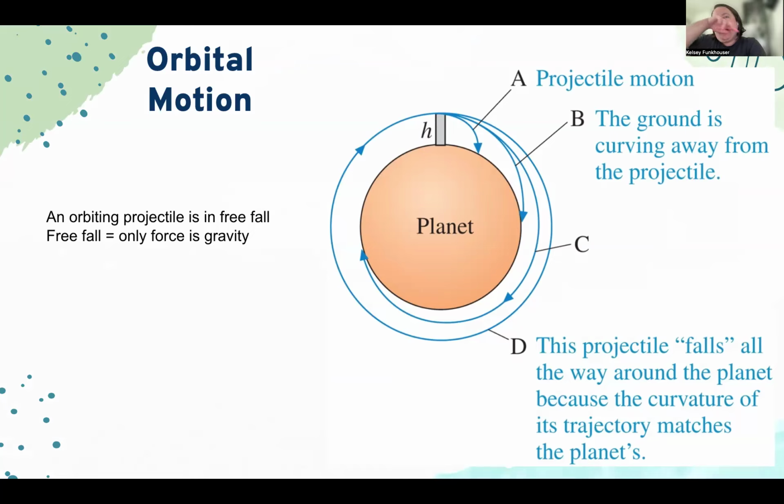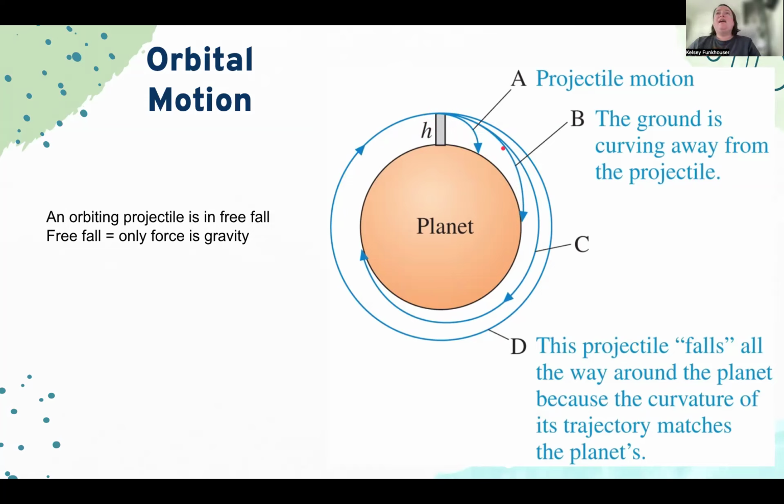So if we think about a high tower or something and an object being launched out of it, if we launch it with a certain speed, it does something like this example A, which is mainly just projectile motion. We give it more initial velocity, the ground, because of the curvature of the planet, starts to curve away from the projectile as it's falling.